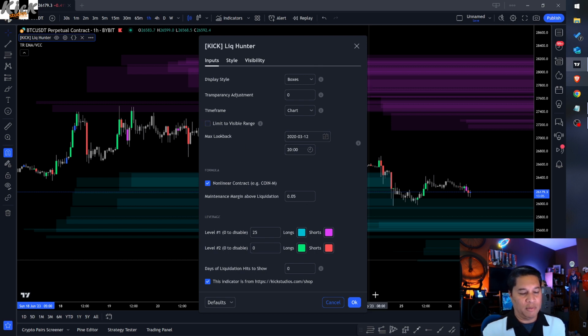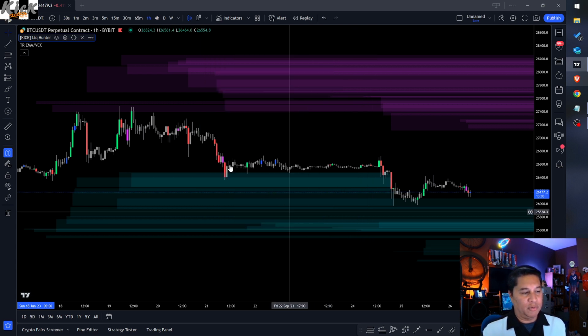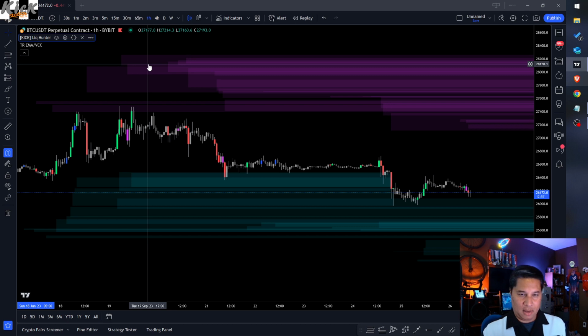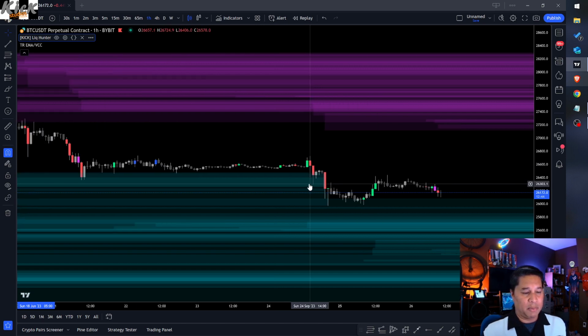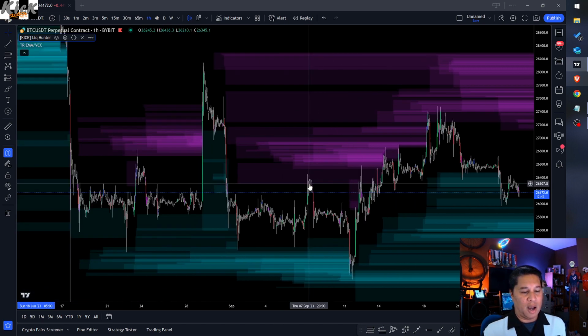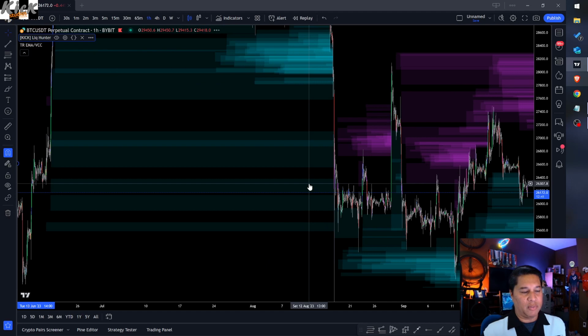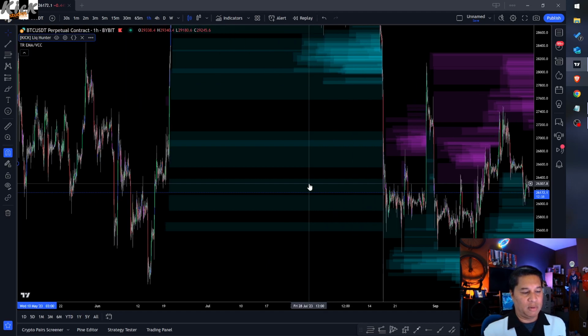So if I uncheck this, then immediately this is going to take a long time to calculate, because I don't even think I have hourly candles that go back as far as that look back was. So it's going to go back as far as it can. It's going to use every hourly candle that TradingView is feeding me, which is a lot because I have a premium here. But notice now as I scroll around, everything's already there, and it doesn't have to update.